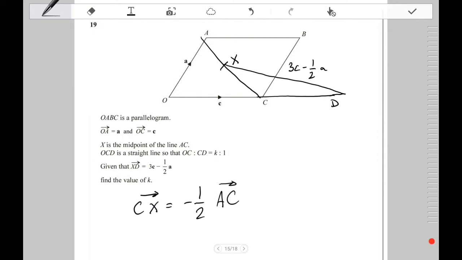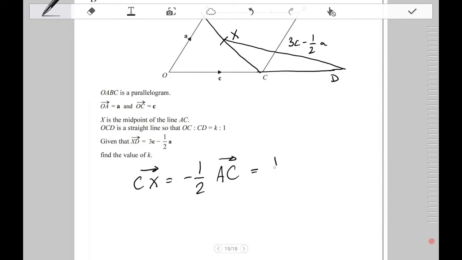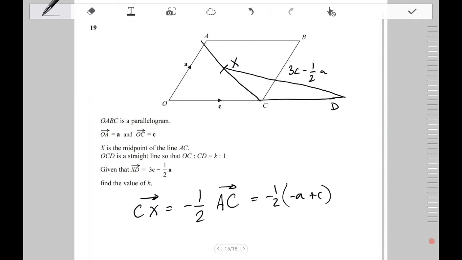So minus a half of minus A plus C. That'll be C to X.